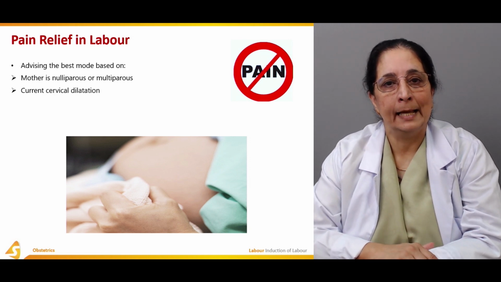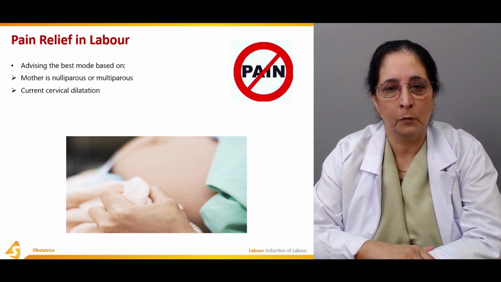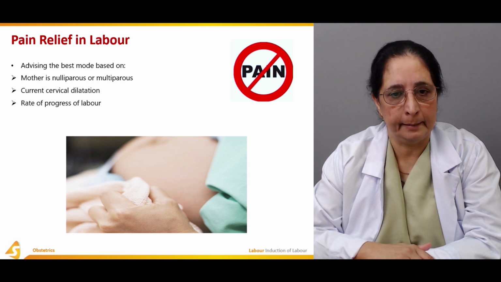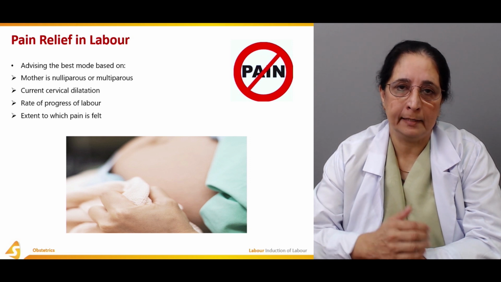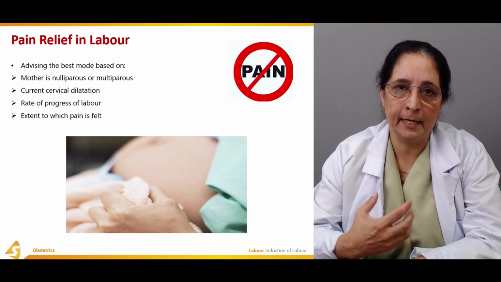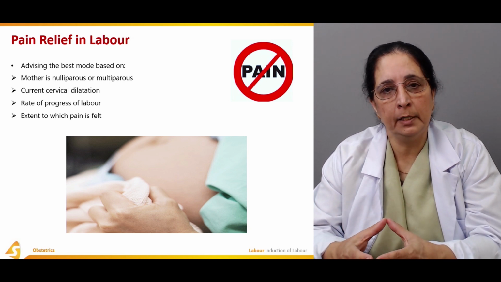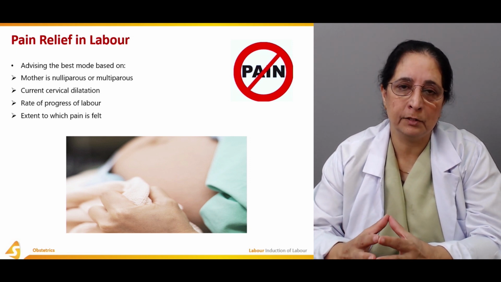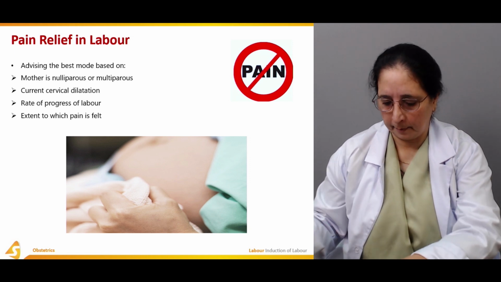Current cervical dilation is another important factor. And then what's the rate of progress of labor? The extent to which pain is felt is very important. If pain is unbearable, usually something should be given to relieve the pain. But if it's bearable and not that bad, then let the process progress.